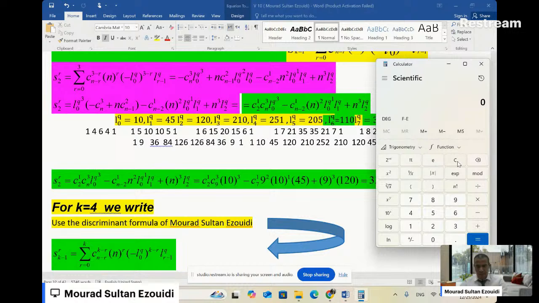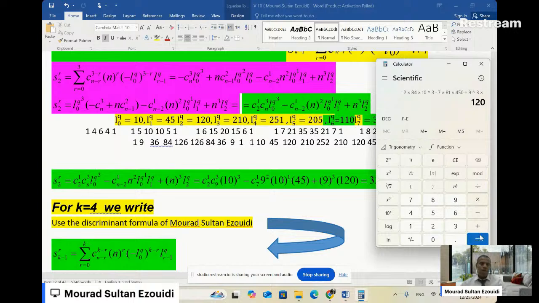Okay, if you cancel this out, I'll just write again: 2 times 84 times 10 raised to the power 3, minus 7 times 81 times 450, plus 9 cubed times 120.